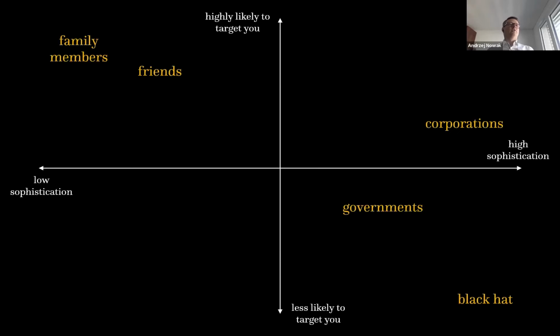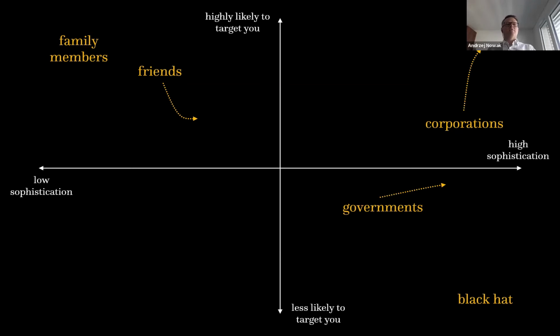And so then you might want to put different entities or actors that may be against you, adversaries. So this could be family members, this could be friends, this could be governments, black hat hackers, corporations, and so on. And then I would ask myself, well, where are they headed, or what is the trend? And then I would see, okay, my friends are probably kind of expanding their scope and they may not want to target me and they are becoming slightly more sophisticated, right?